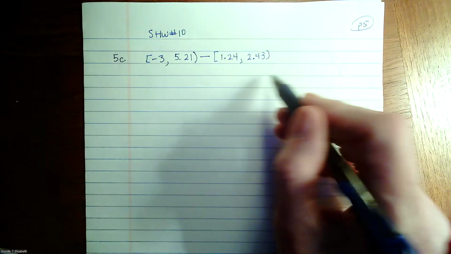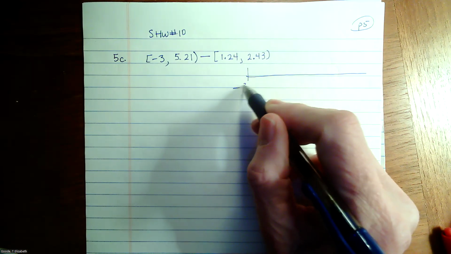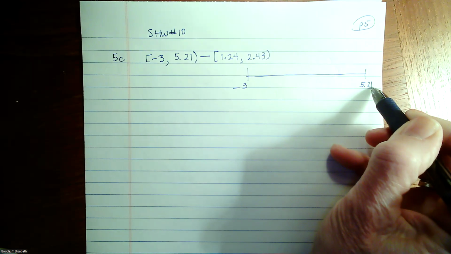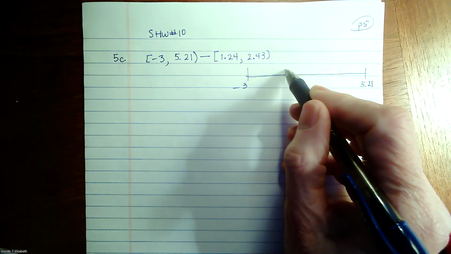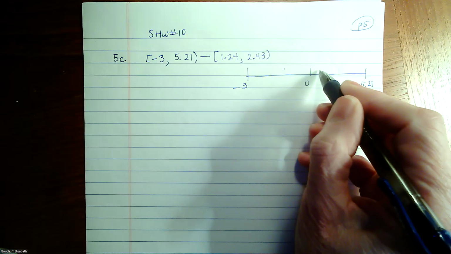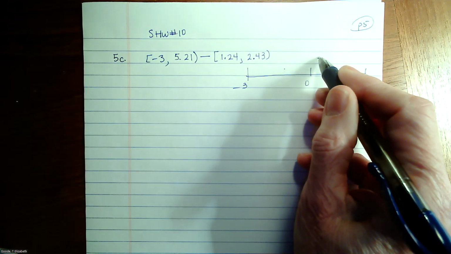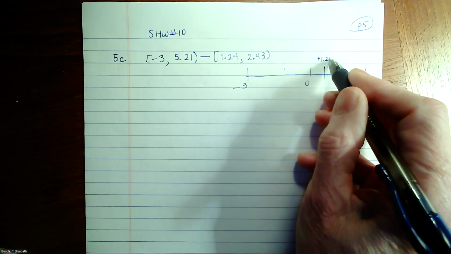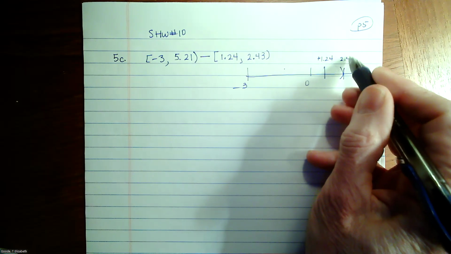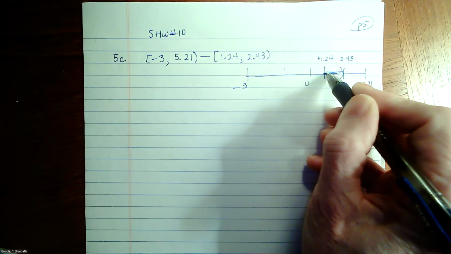So again, a picture really helps. Positive 1.24 to 2.43. So the set is right there.